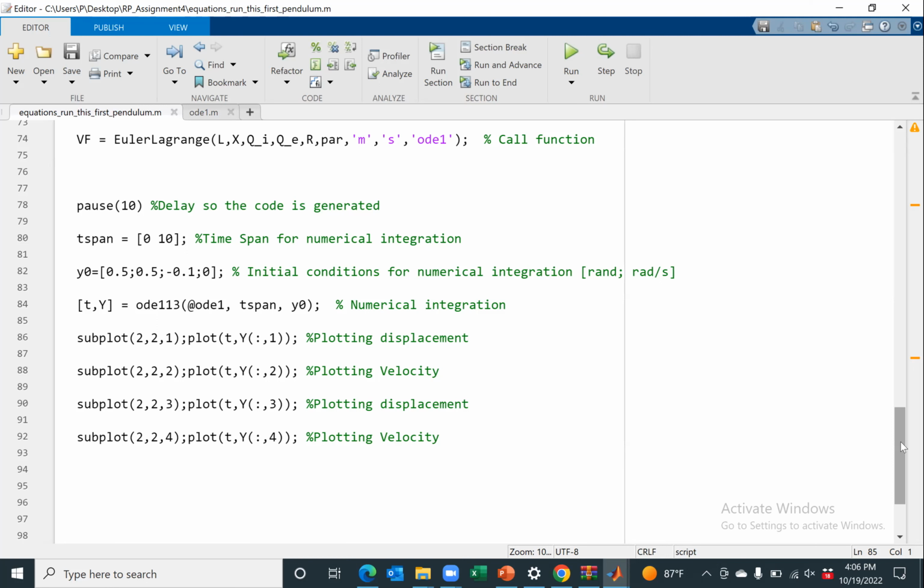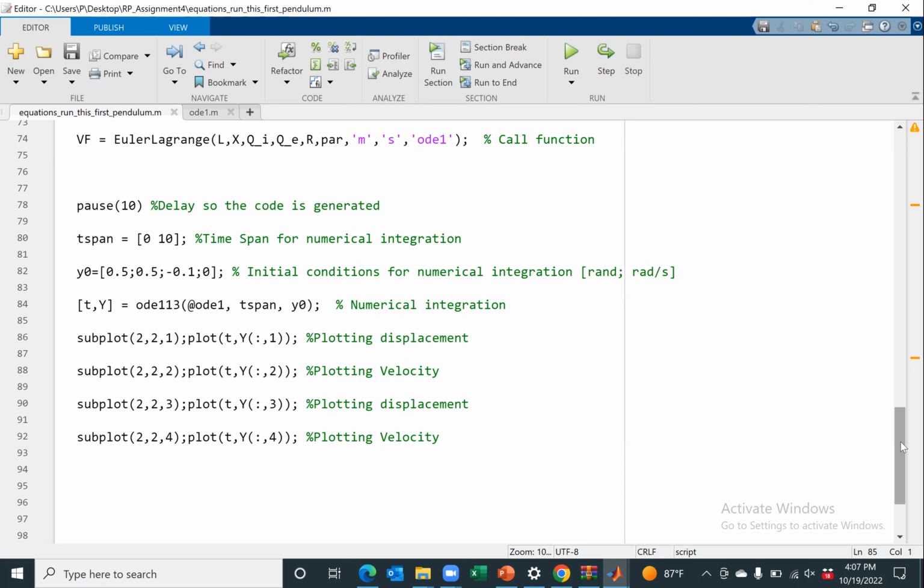Are you with me so far? Second plot is going to be time and velocity on the y-axis. Third plot is going to be time and d2, which is the linear displacement of the prismatic joint. And the fourth plot is going to be time and the linear velocity of the second joint. Everyone understood this?